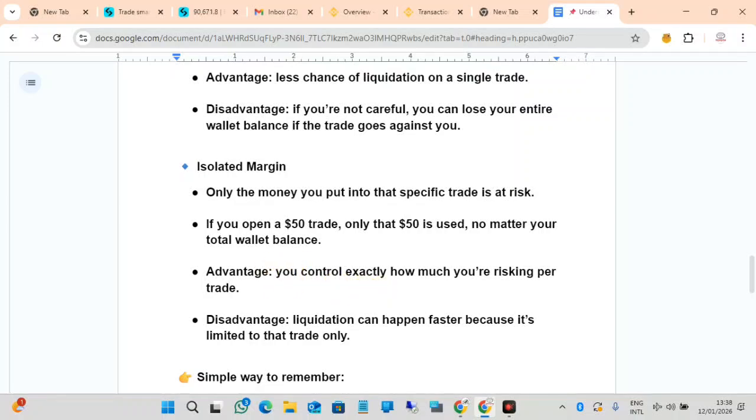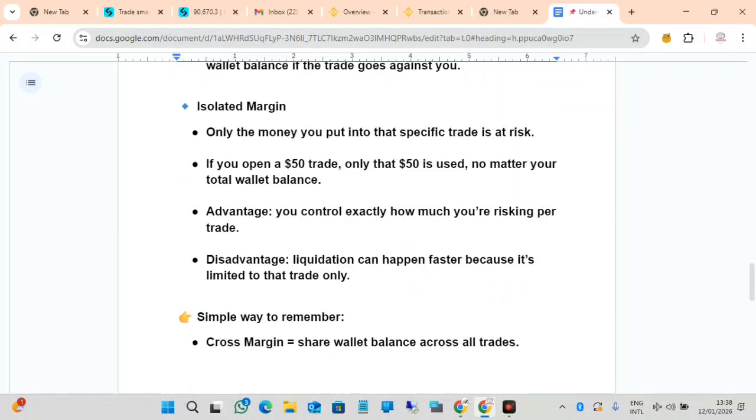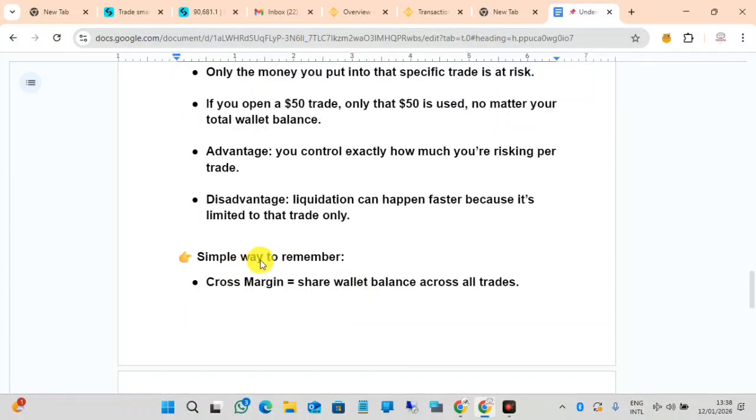Advantage: you control exactly how much you are risking per trade. That is the meaning of isolated margin. The disadvantage is that liquidation can happen faster because it's limited to that particular trade only. So a simple way to remember: cross margin shares wallet balance across all trades.